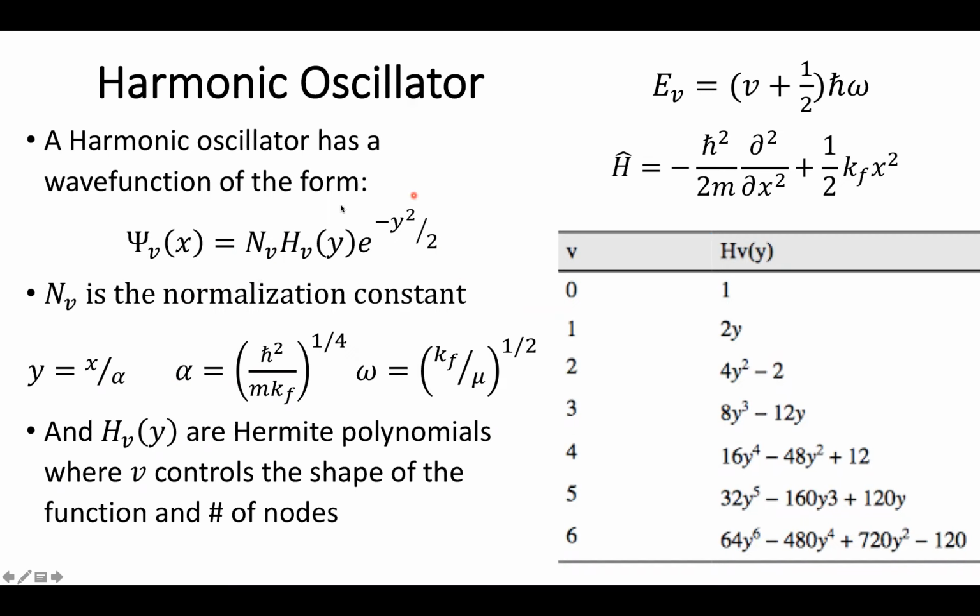We do have an exponential in terms of a variable besides x, but it is related to x by a rather messy constant. And of course, we have our Hermite polynomials, which essentially change depending on which energy state we're in. Again, higher energy states, more terms present in our polynomial, and the more nodes and varied the shape of the function becomes.